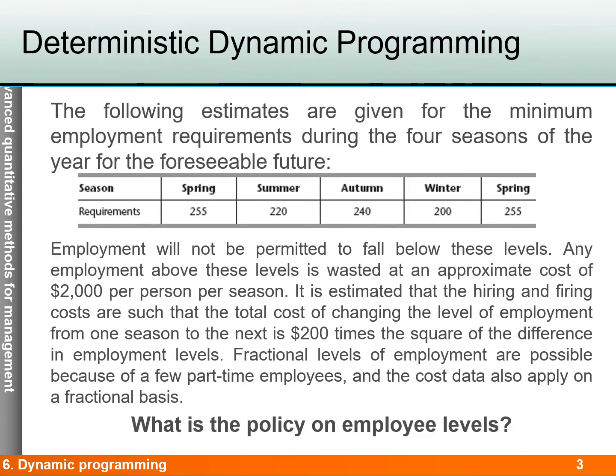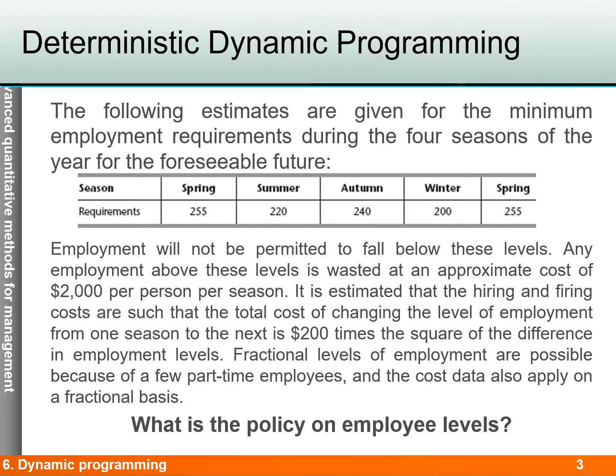This table, as you see here, estimates the minimum employment requirements during the 4 seasons of the year for the foreseeable future. As you see here, guys, these four seasons will repeat again and again, so we can limit our example to a period of 4 seasons, okay?